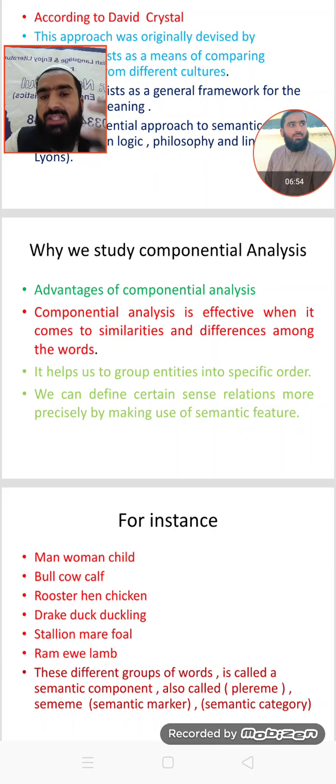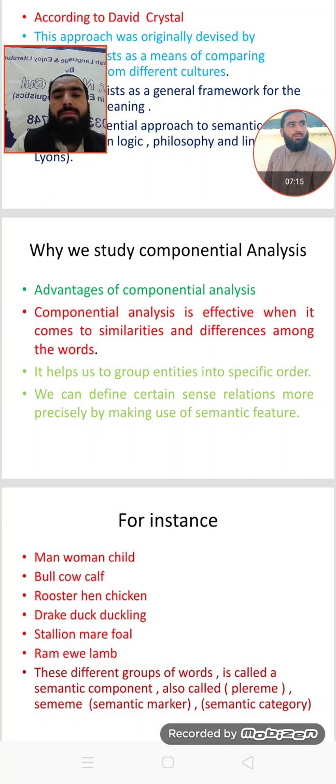In words we have senses, meanings, concepts and ideas. We say that words are the containers of meanings, words are the instruments of meanings. So different senses are attached to words.